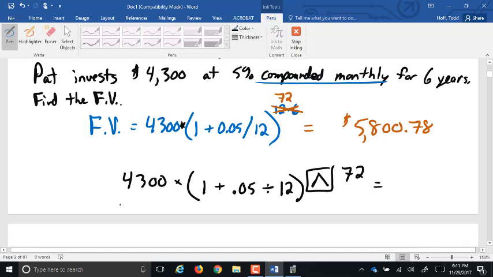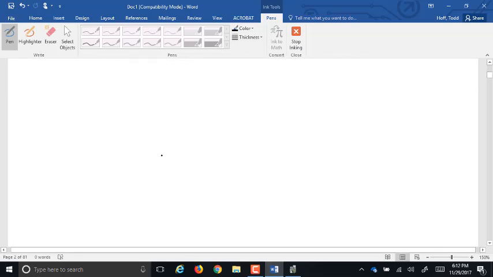Let's have you guys try one. Alex borrows. Notice it doesn't matter whether they're borrowing or investing. It's still a future value and a present value.